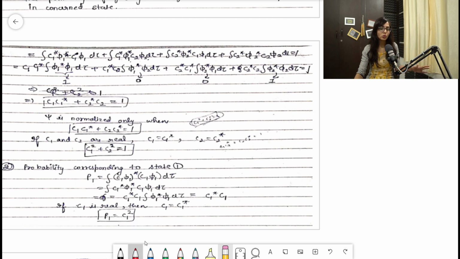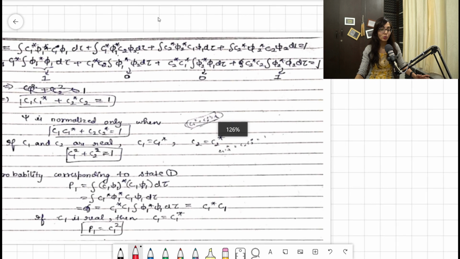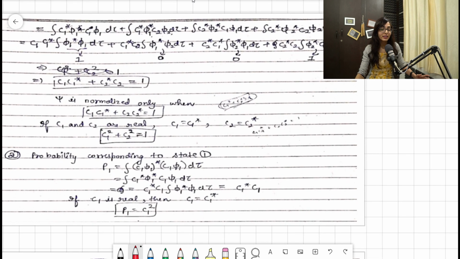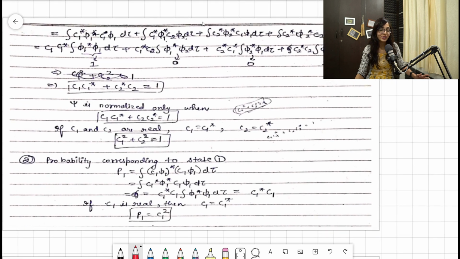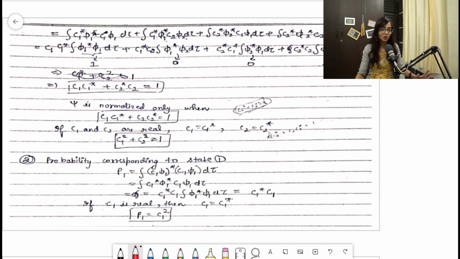So let's come down to probability. Guys, sometimes in the exam this question gets asked: what is the probability corresponding to a particular state? Suppose I have this wave function, and it is equal to C1 phi 1 plus C2 phi 2. Clear?